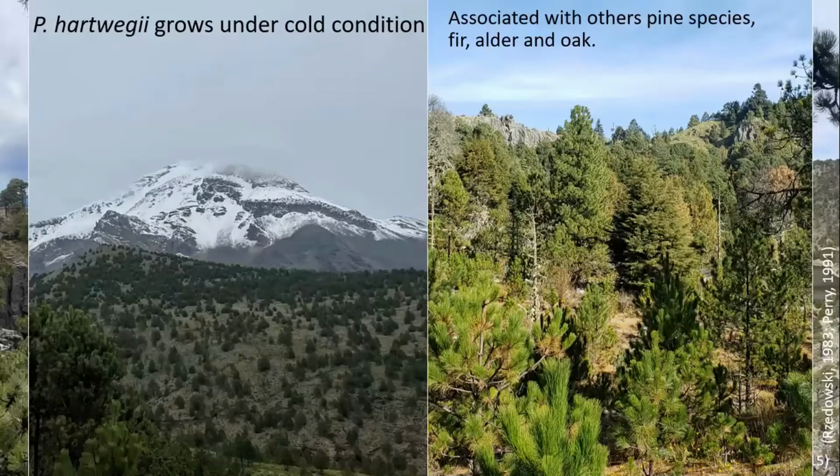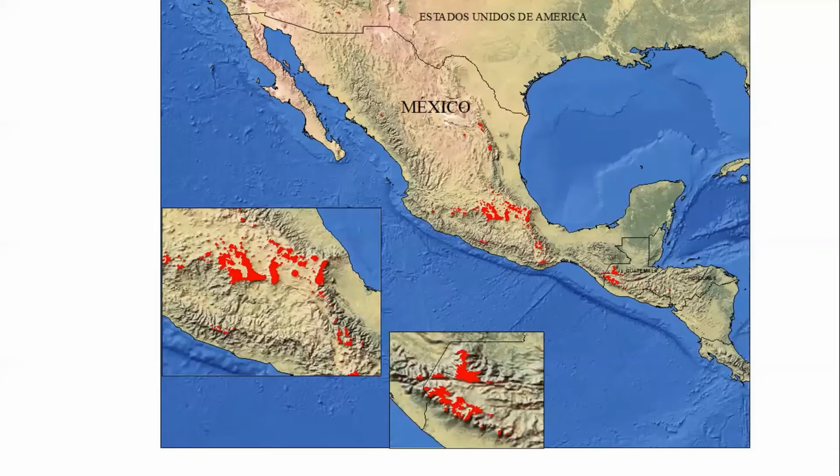Pinus hartwegii grows under cold conditions, close to the tree line, but lower down, this population is associated with other species, pine, fir, alder, and oak. The population of Pinus hartwegii here in Mexico and Guatemala is the biggest in both countries, and small in Honduras.